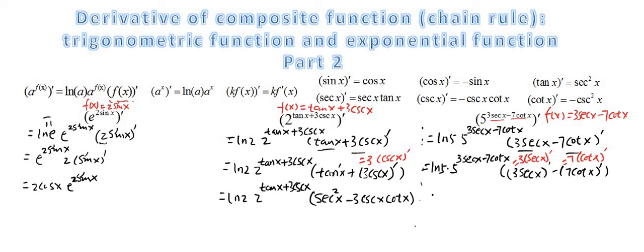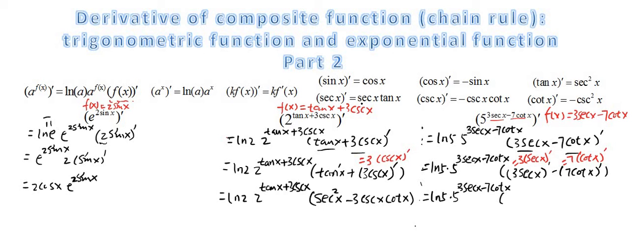Okay, now we can simplify. Then ln pi times pi to the power 3 secant x minus 7 cotangent x, and for this term we need the derivative of secant x.